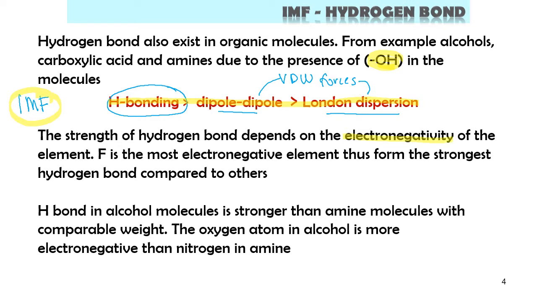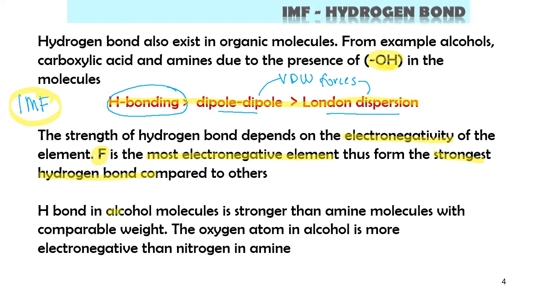And fluorine atom is the most electronegative element. Therefore, if there is a hydrogen bond with fluorine, it will be the strongest hydrogen bond compared to other hydrides. So hydride is hydrogen that is bonded to another atom or element.